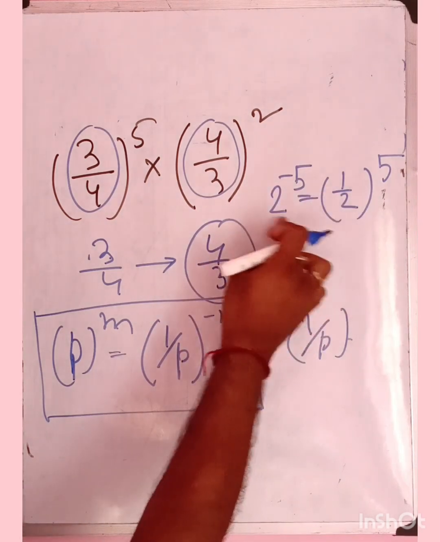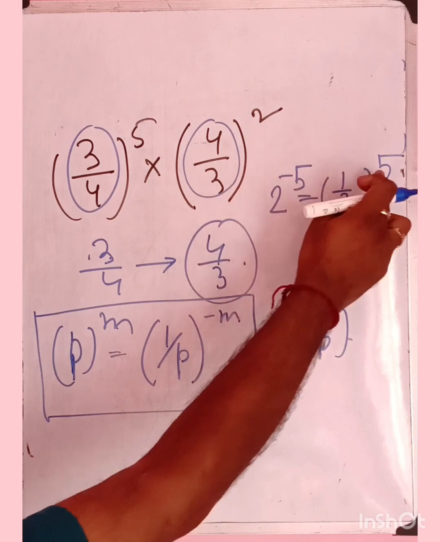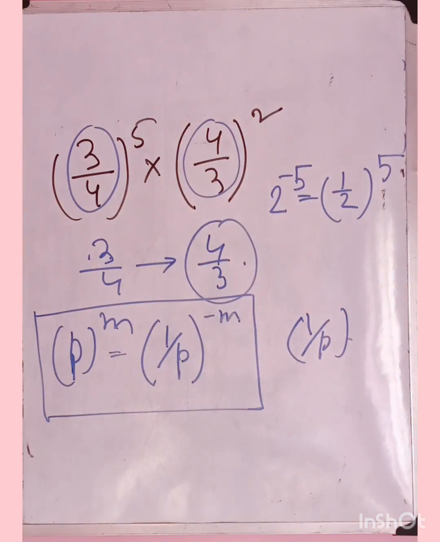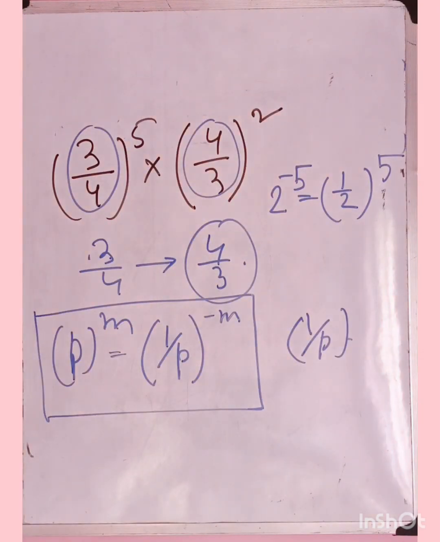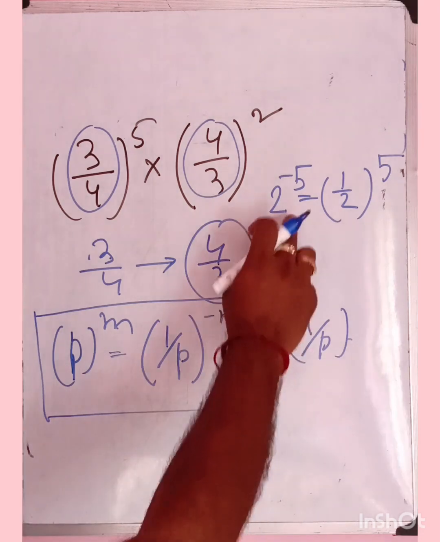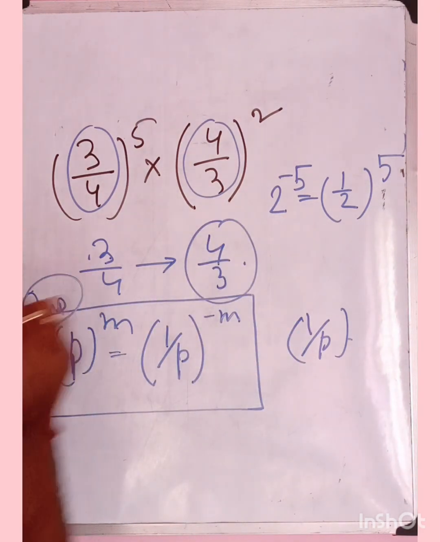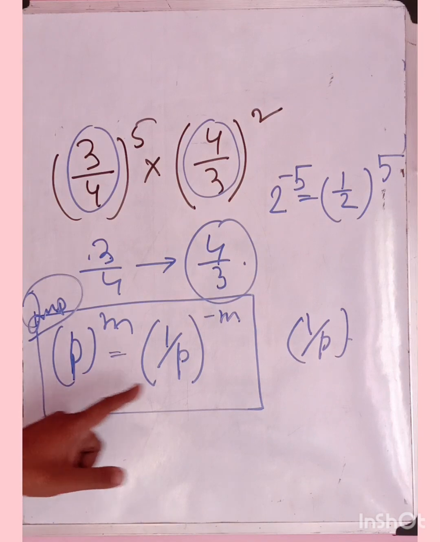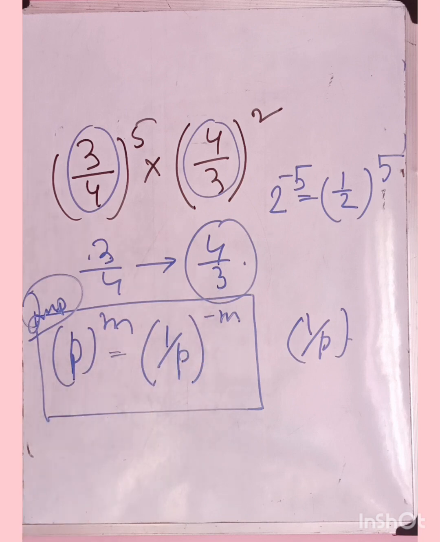See, the reciprocal of 2 is half, 1 by 2. Power is the same with negative sign. Minus of minus 5 becomes plus 5. Got it? Very important. Reciprocal of the number will bear the same power with negative sign. Okay. So come to the problem.